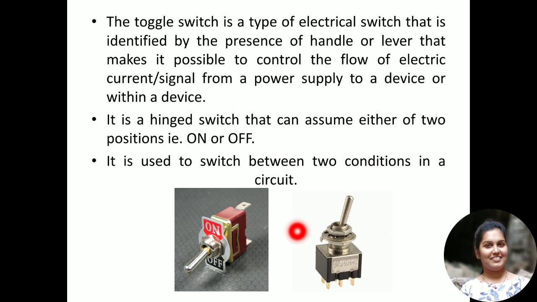This kind of switch we might have seen several times in our laboratories. This switch which has a metal lever connection, or on and off position lever, this kind of switch what we see commonly in our laboratories is called a toggle switch.